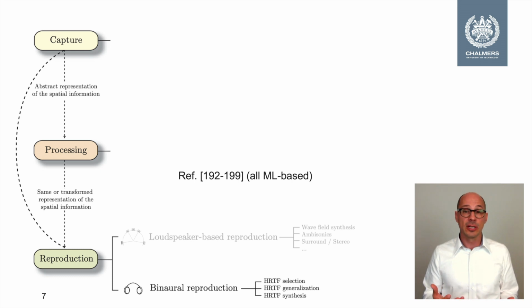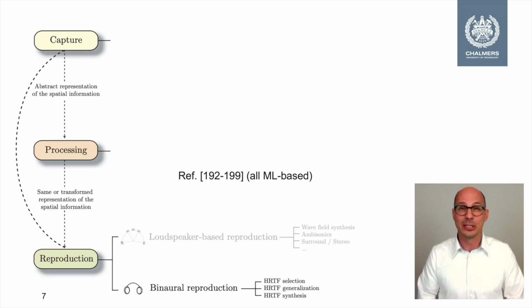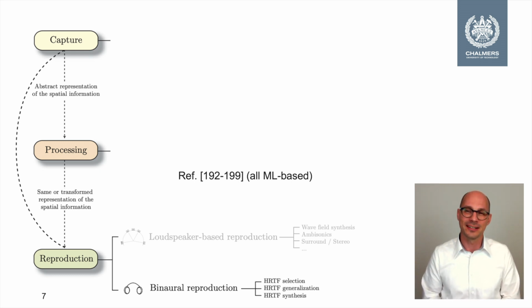Machine learning has, of course, also been employed in the generation and synthesis of HRTFs. Here, it can get fairly involved, as several networks, including autoencoders and the like, are combined, and it gets so involved that I don't even dare to comment on more details here.